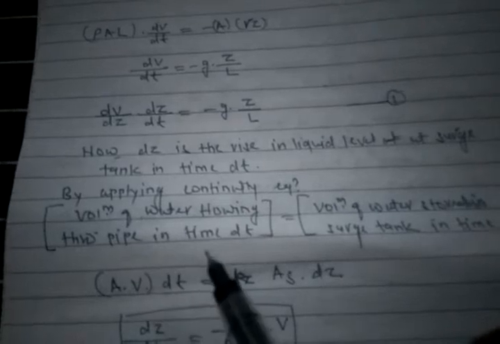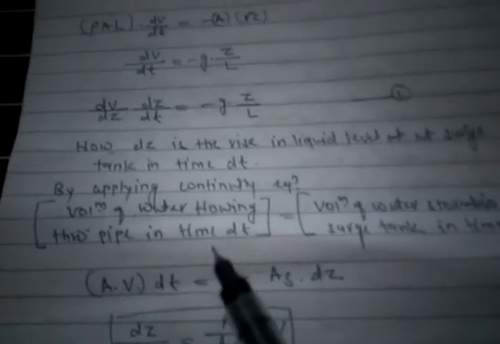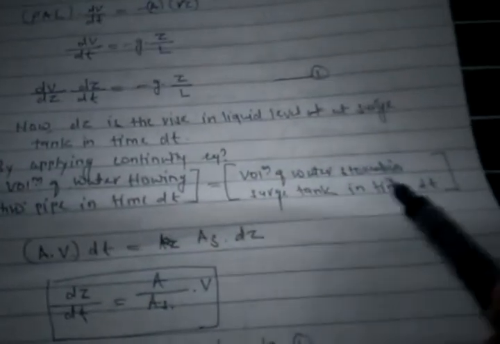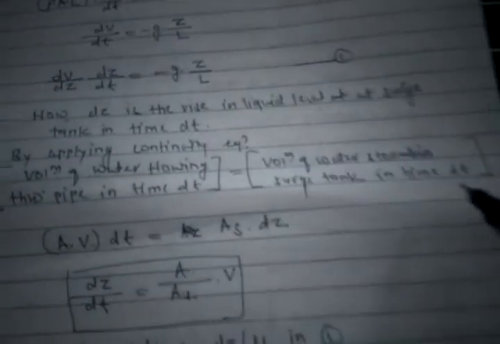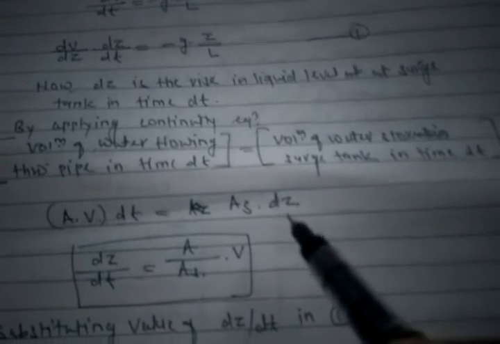By applying the continuity equation, the volume of water flowing into the pipeline in time dt is equal to the volume of water stored in the surge tank in time dt. The volume of water flowing through the pipeline is A into V into dt, the area of cross section of the pipe into velocity into dt, which is equal to AS into dZ.